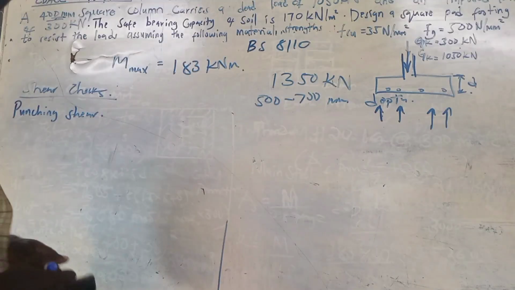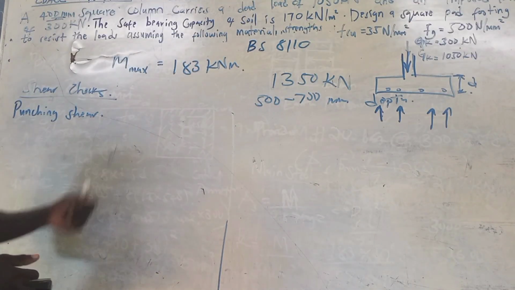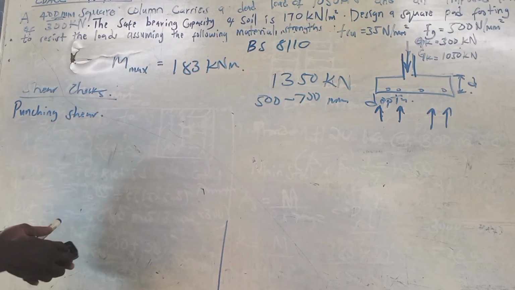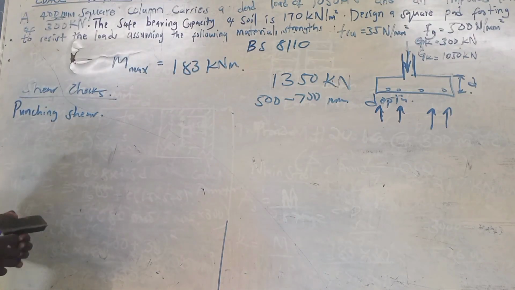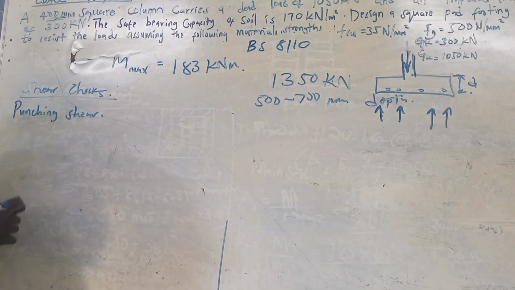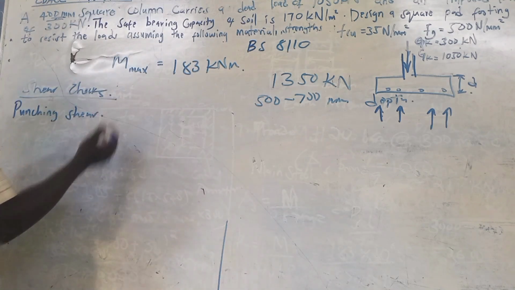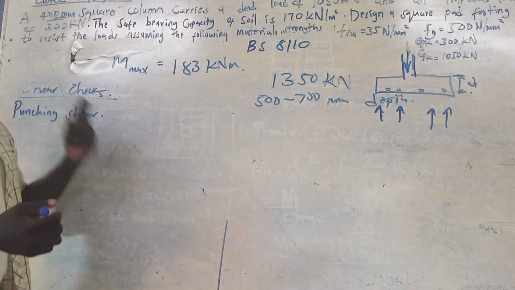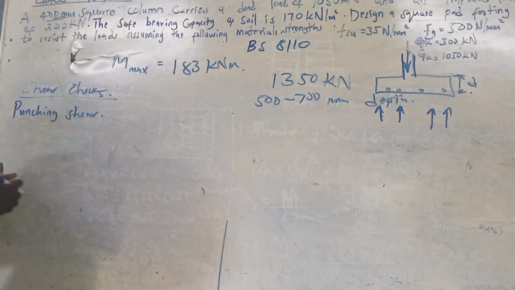Then we're going to perform the shear check by calculating the critical shear stresses. So the critical shear stresses, the first thing you're going to do is to calculate the critical perimeter.